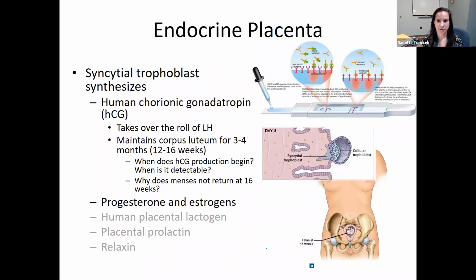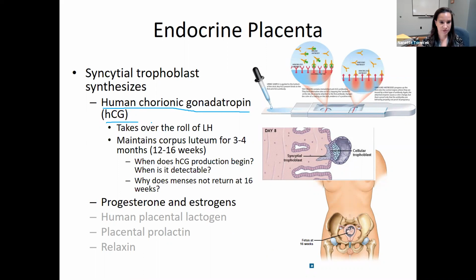Okay, now let's talk a little bit more about the hormones that are produced from the corpus luteum and the placenta. Okay, so what's going on here? Now we have it spelled out in case you couldn't quite hear me saying human chorionic gonadotropin hormone.